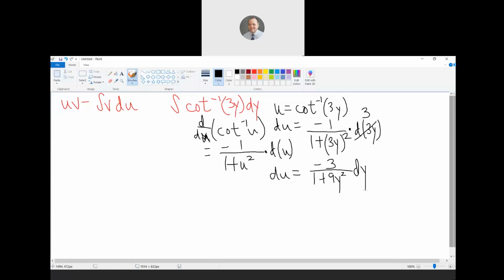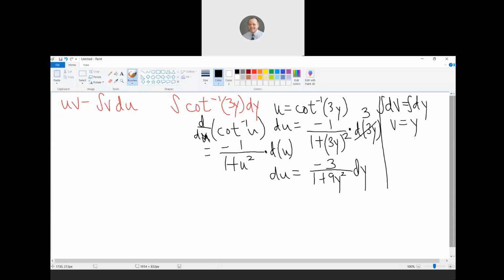Now, the only part that has not been assigned a letter or part of our integration formula is dy. So we'll let dv equal dy. And when we integrate both sides, we just get v equal to y. Now let's plug everything into our parts formula.